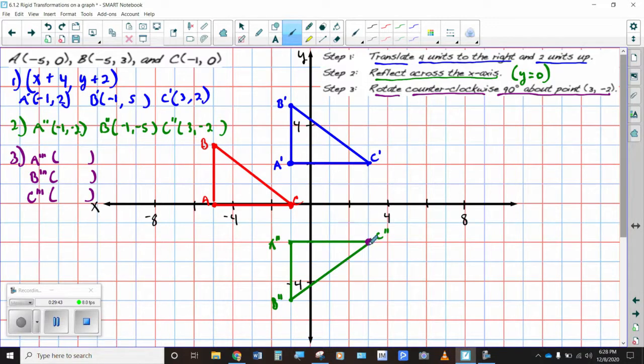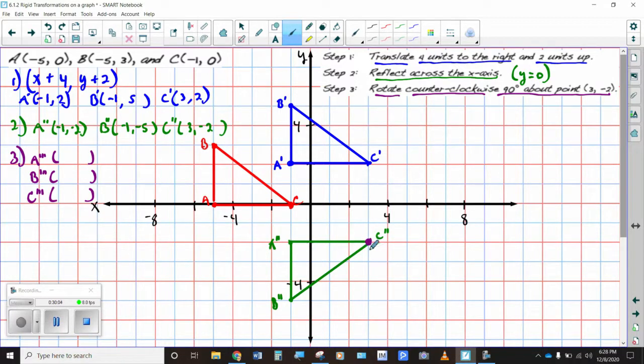The pivot point is the vertex, and if this guy rotates 90 degrees counterclockwise, that means it's going in this direction, right? Counterclockwise. And that means this guy, after rotating it, would form a right angle to this one.